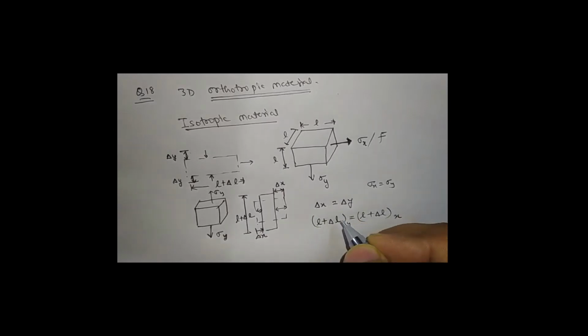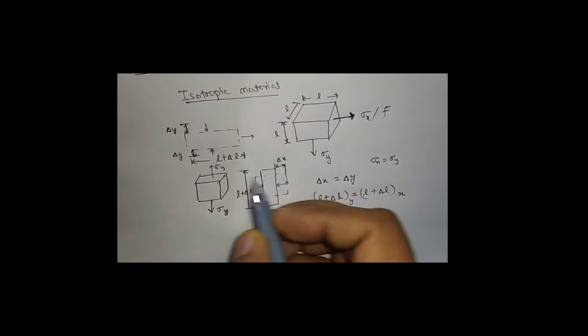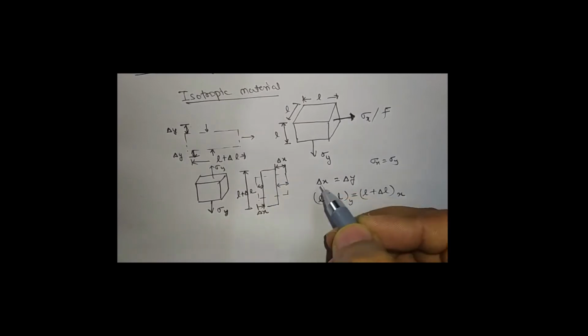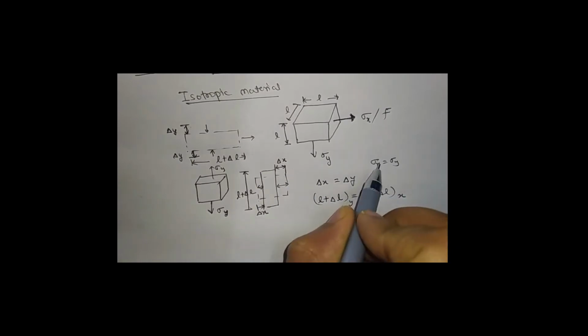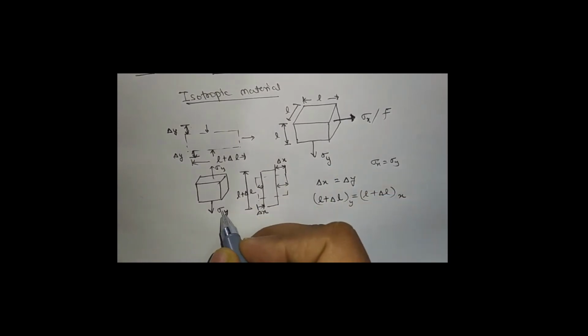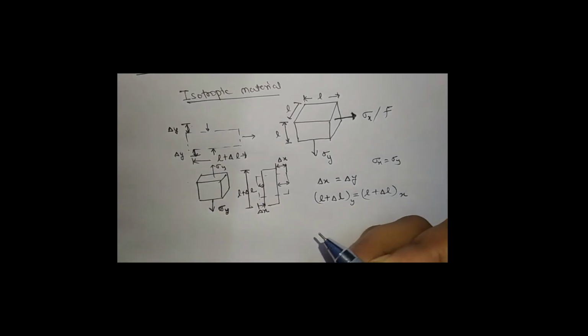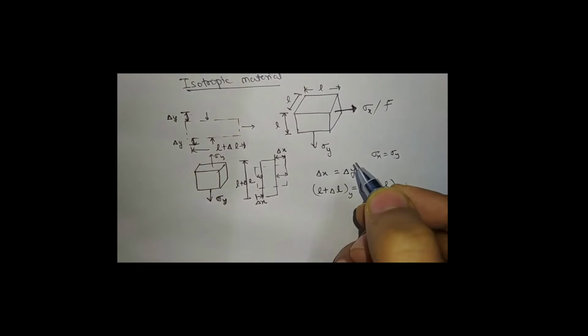It means the strain, that is the change in dimension relative to the original dimension, will remain the same in all directions, in the X direction and Y direction, if the force applied is the same and the dimension is the same. This is the property of an isotropic material.